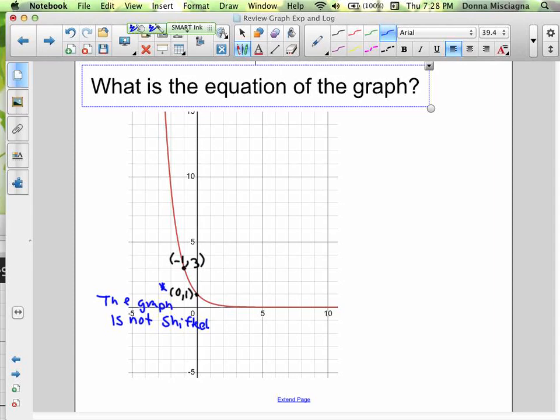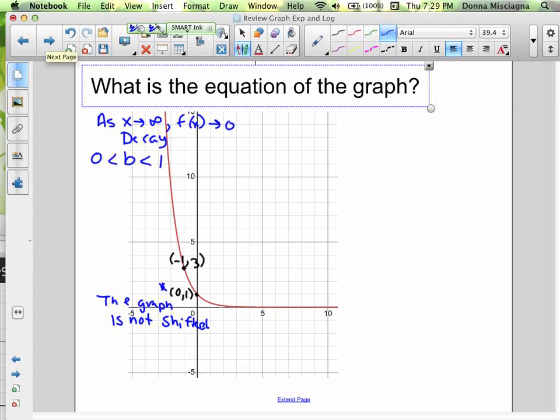I also know, notice that the graph is headed towards the asymptote. All right, so as x approaches infinity, f of x is heading towards 0. So this must be decay. And if our graph is decay, it means our base has to be between 0 and 1.